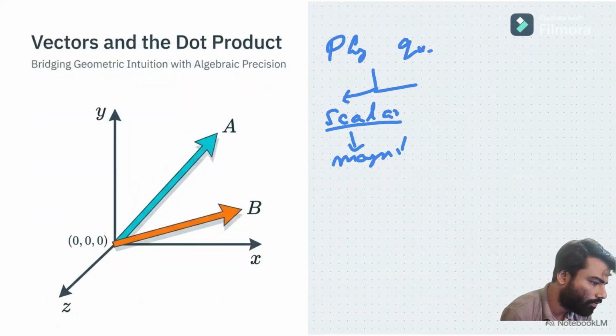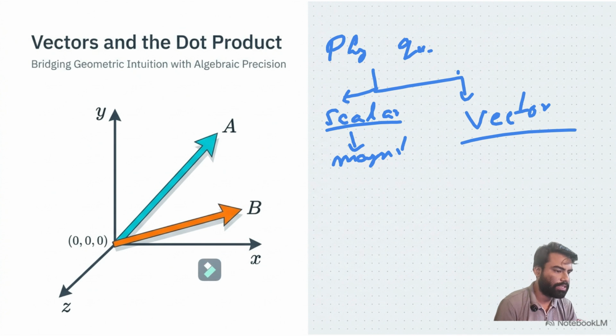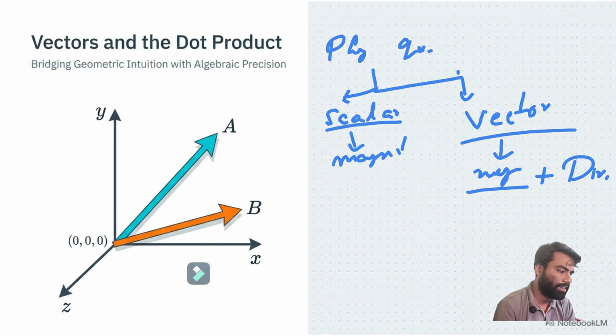Another type of physical quantity is the vector, which we are going to study in this module. A vector has magnitude, and of course it also has direction. So what is a vector? A vector has magnitude and direction as well.